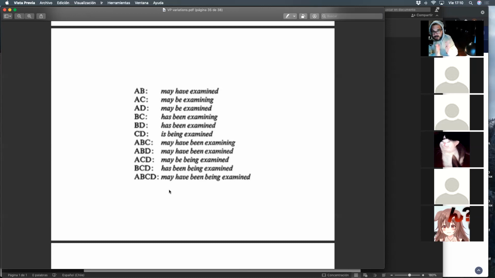You can have a B, a C, a D, right? Which means that those are the ways in which modal verbs can be combined with A, modal verb, B, perfective aspect, C, progressive aspect. The second one, AC, A plus progressive aspect, AD will be modal plus passive voice, and all their possible combinations.